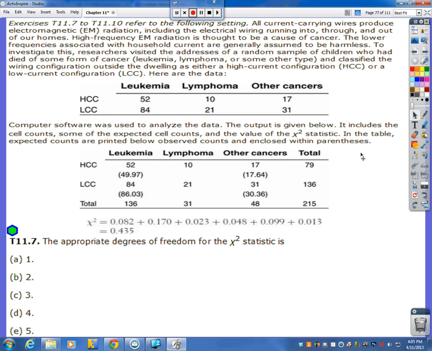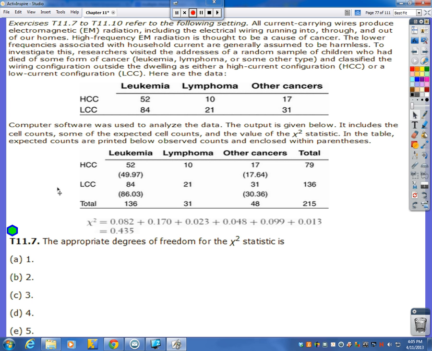7 through 10 now, the last 4 problems, all deal again with the same piece of information. So it says all current carrying wires produce electromagnetic radiation, including the electrical wiring running into, through, and out of our homes. High frequency EM radiation is thought to be a cause of cancer.